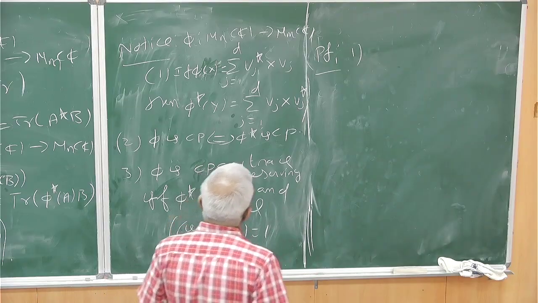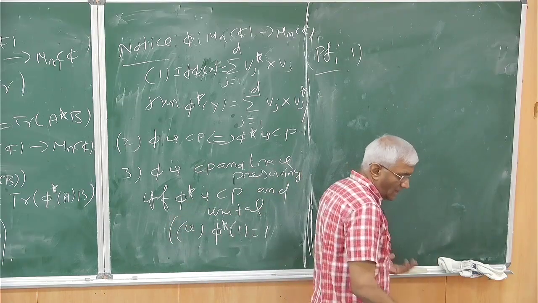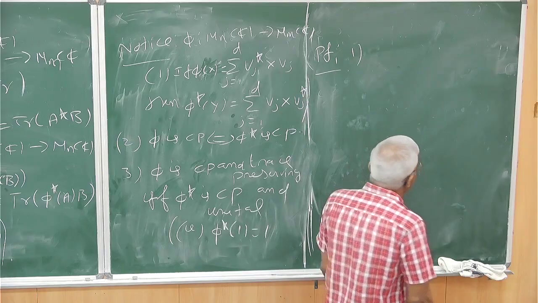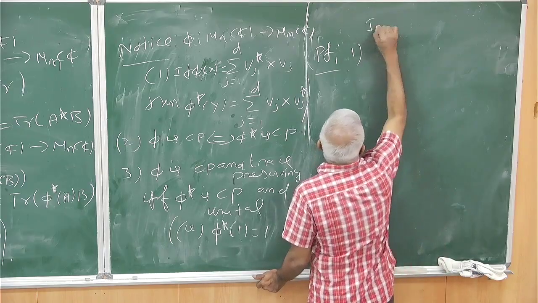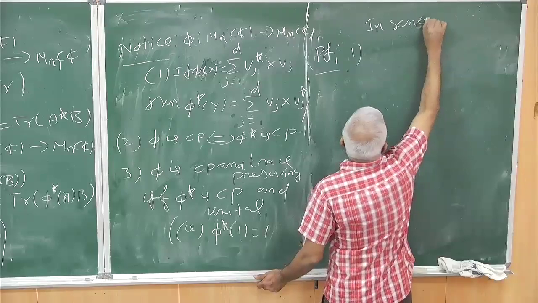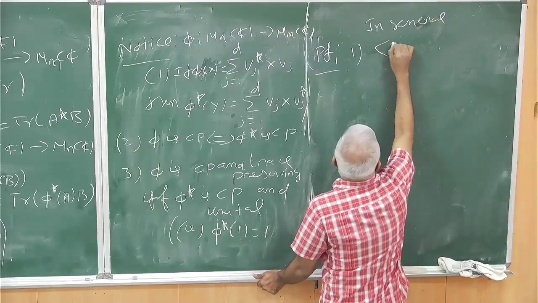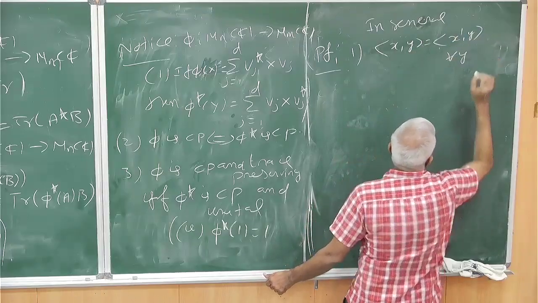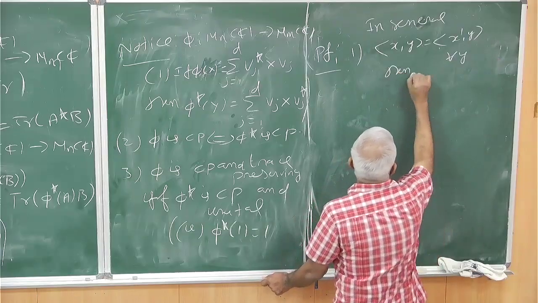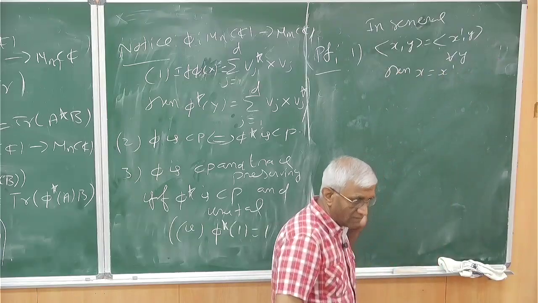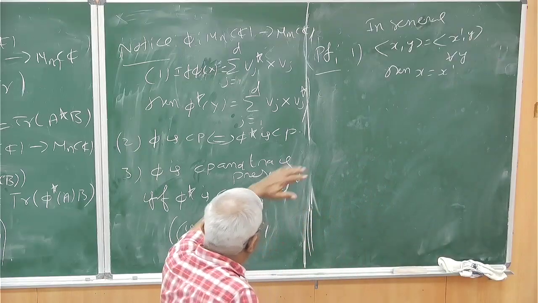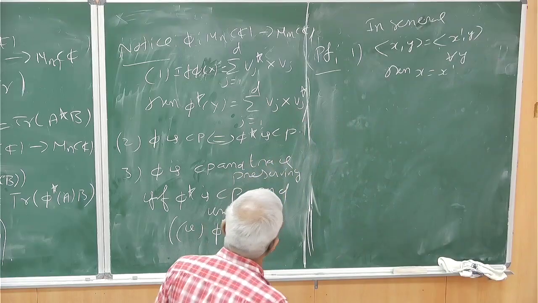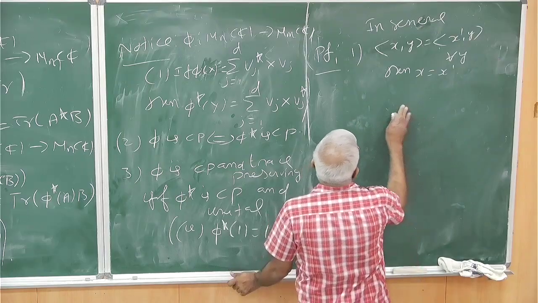Notice that, in general, in any Hilbert space, if <x, y> equals <x', y> for all y in the Hilbert space, then x equals x'. That's clear. You just take x minus x' inner product with y equal to 0, then you take y equal to x minus x', the inner product with itself, and you get x equals x'.